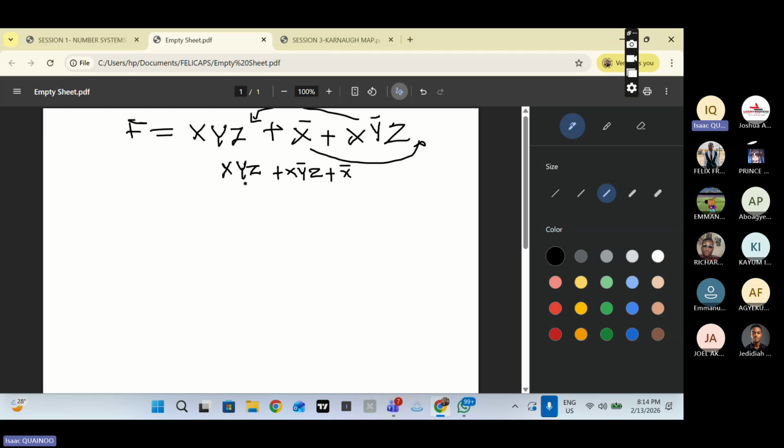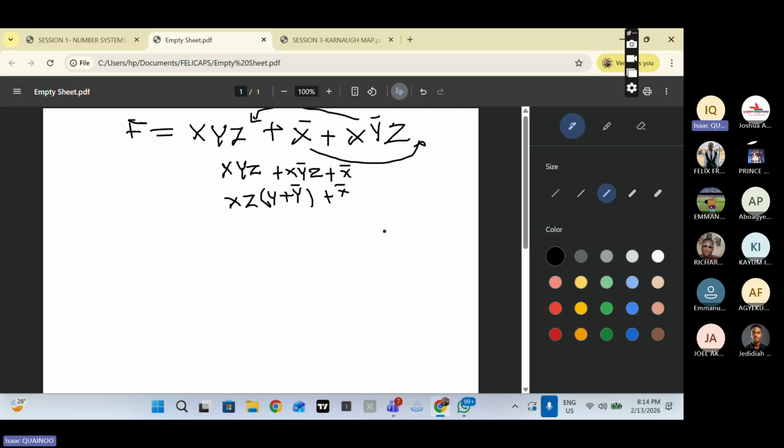You know, we can decide to factor xz out, right? And then we'll be left with y plus y bar, plus x bar, right? So now what we have here is very, very familiar.